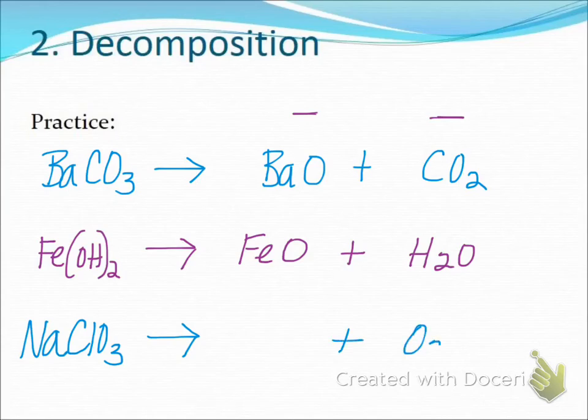So we've got the oxygen part, and so I just need to write the metal chloride, which would be NaCl. Now I need to balance that because I have 2 oxygen on one side and 3 on the other. So we're going to do a 2 there and a 3 there. Now I have 6 oxygen, and that means I need to put a 2 there.